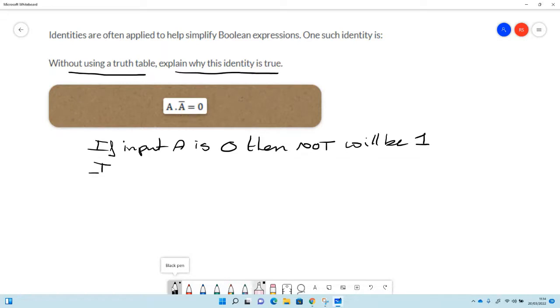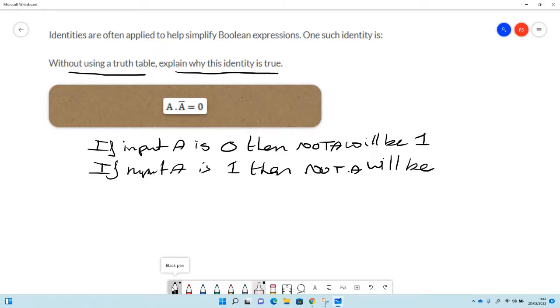And we could say that if input A is 1, then not A will be 0. So we've described what happens with not. So now we need to get our second mark.